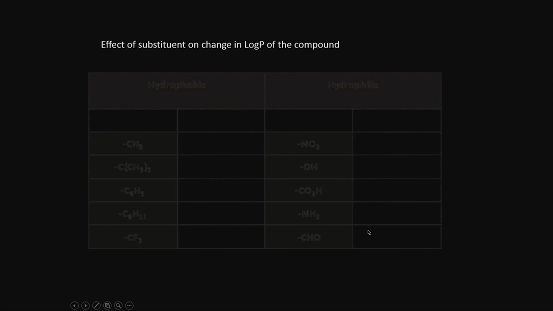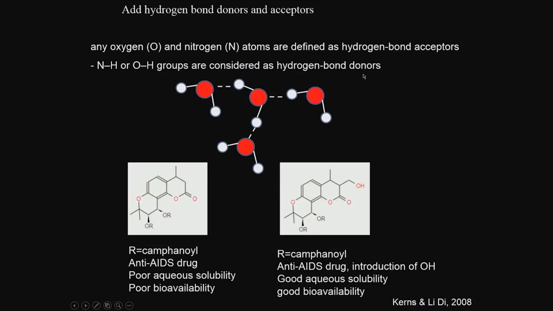Okay. Hydrogen bond donors and acceptors. By adding hydrogen bond donors and acceptors, we can change the aqueous solubility. For example, what is a hydrogen bond donor or acceptor? Oxygen and nitrogen are defined as hydrogen bond acceptors, whereas NH or OH groups are considered as hydrogen bond donors.